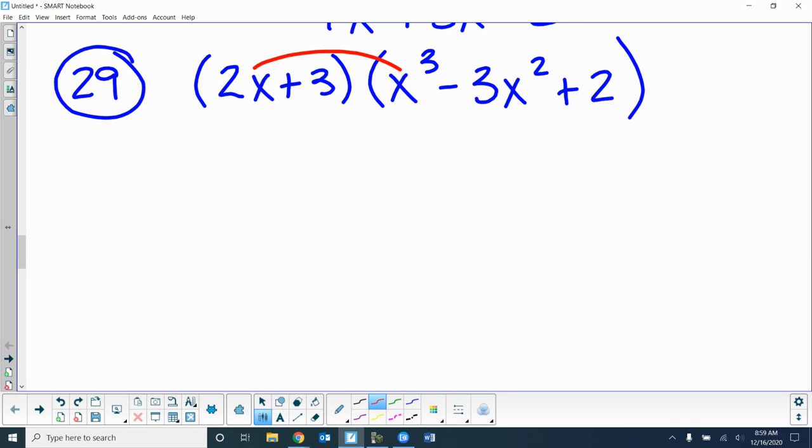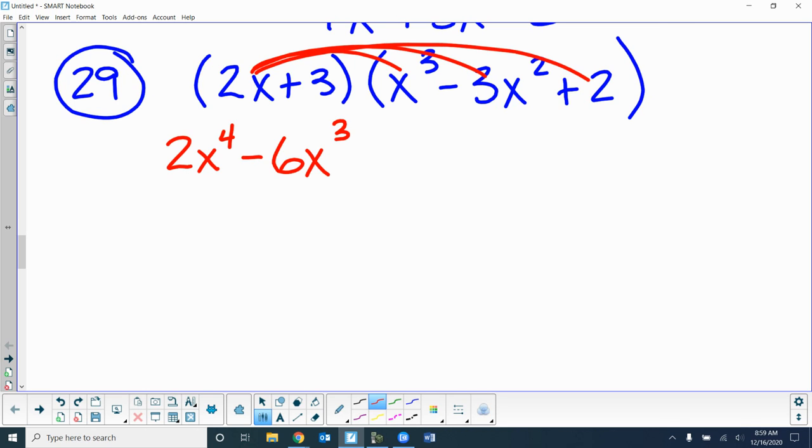So 2x times x cubed is 2x to the 4th. 2x times negative 3x squared is a negative 6x to the 3rd. 2x times 2 would be 4x. 3 times x cubed is 3x cubed. 3 times negative 3x squared is negative 9x squared, which there are no x squareds, are there?